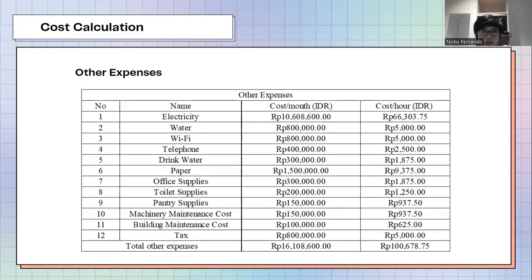We also got other expenses, namely electricity, water, Wi-Fi, telephone, drinking water, paper, office supplies, toilet supplies, pantry supplies, and machinery maintenance costs, building maintenance costs, and tax. The cost per month is 16,108,600 rupiah, and if we convert to hours, the cost per hour is 100,678.75 rupiah.